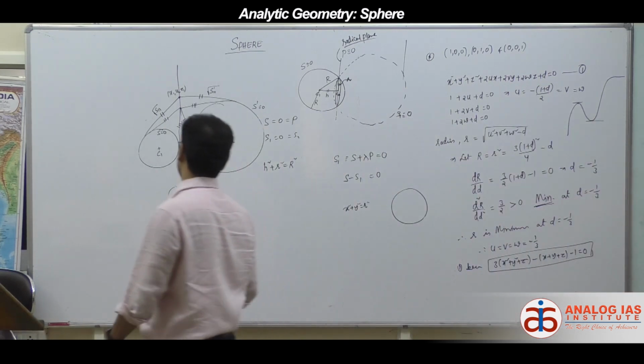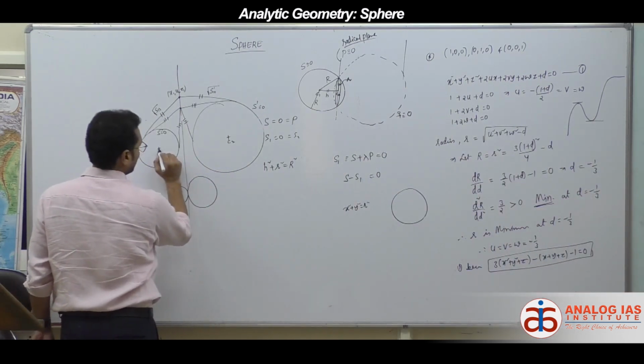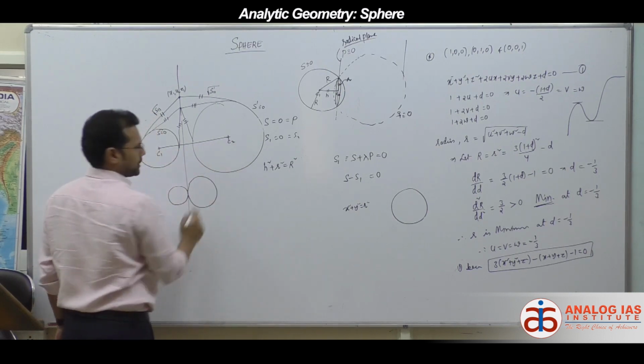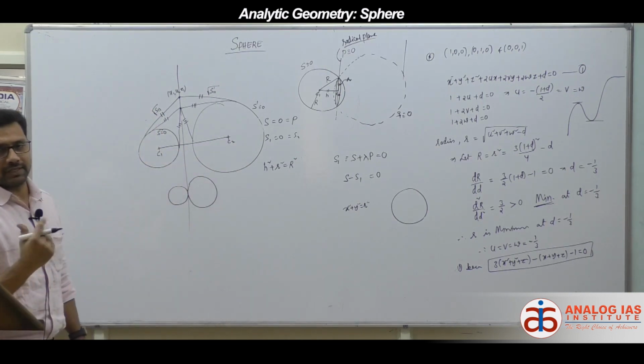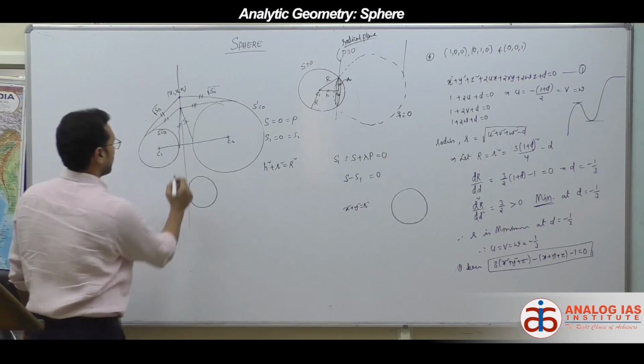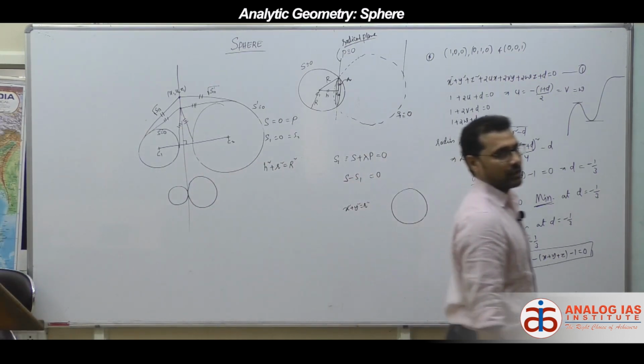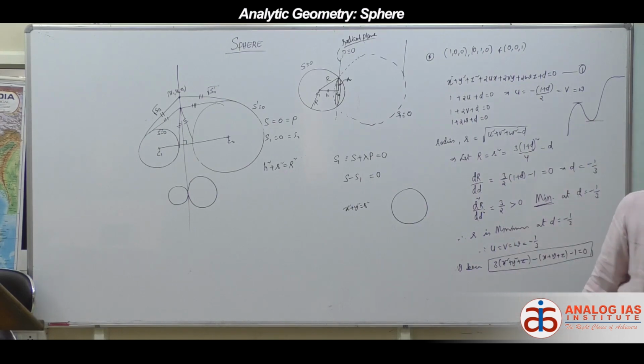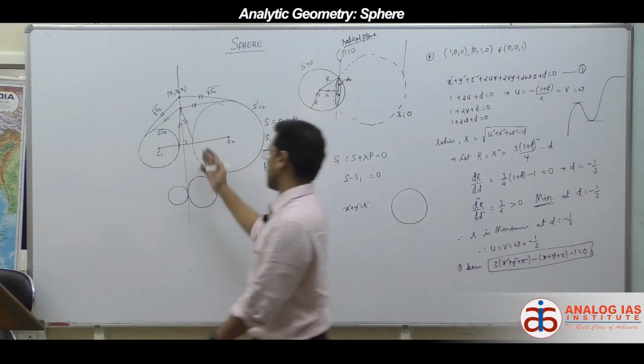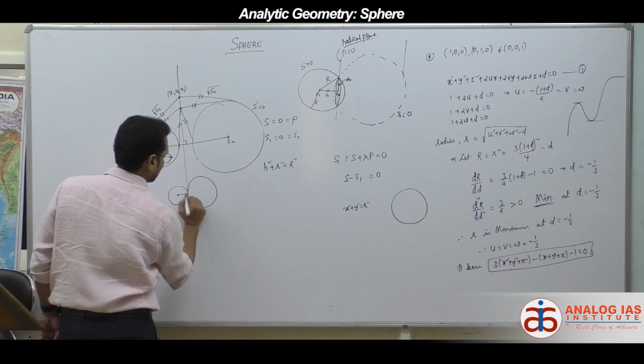Not only that, if you join the centers of the two spheres, it will always make 90 degrees with the radical plane, whether here or wherever.